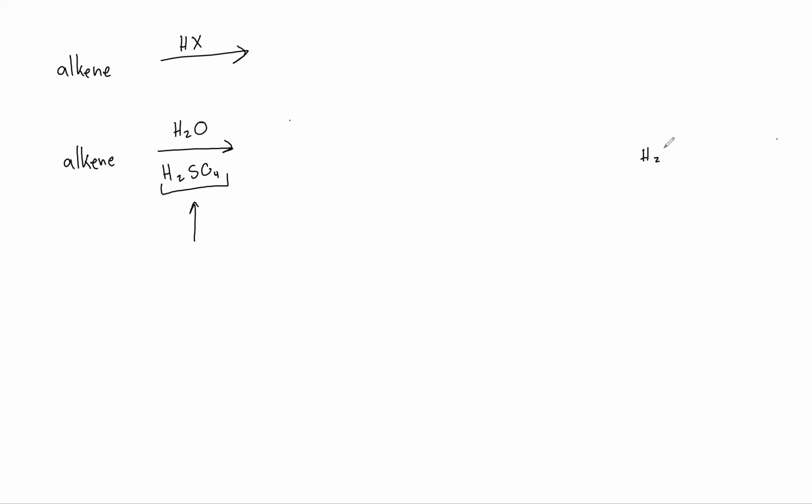Remember, that acid is going to give its hydrogen in the very beginning, but at the end, its conjugate base form, for example HSO4 negative, will reclaim a hydrogen because we have to do deprotonation, and we end up with the same acid that we started with.